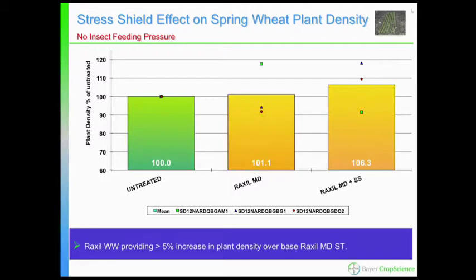Where we set out bait balls, we can pick up no activity of wireworms, for example, migrating into a trap. And so we know that there's very low or no insect feeding pressure in these trials. And what we see under these circumstances, in fact, is that when we apply Stress Shield or imidacloprid, we see increased plant stand relative to the fungicide check.